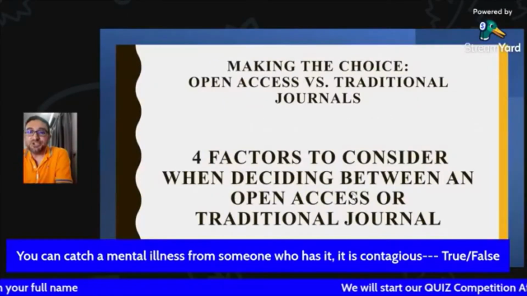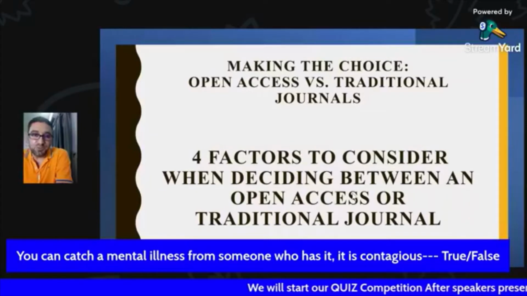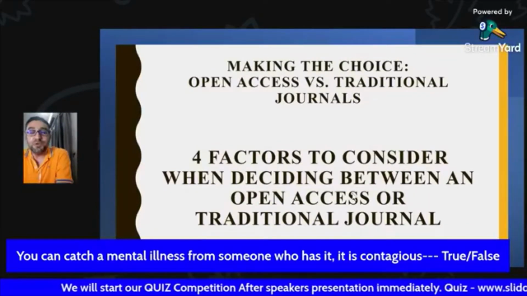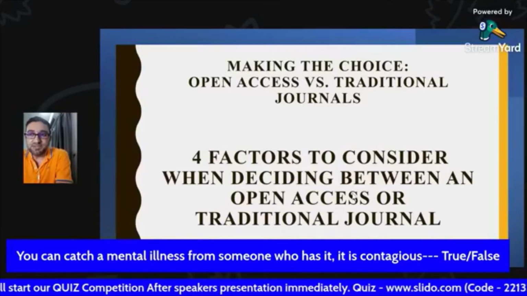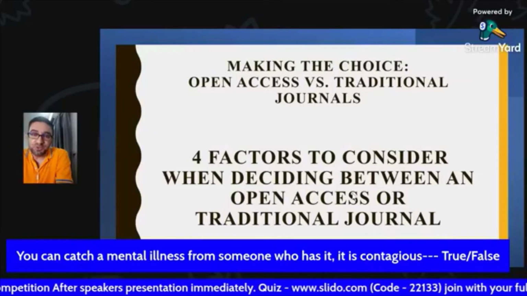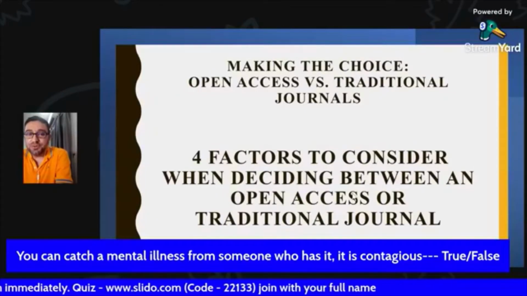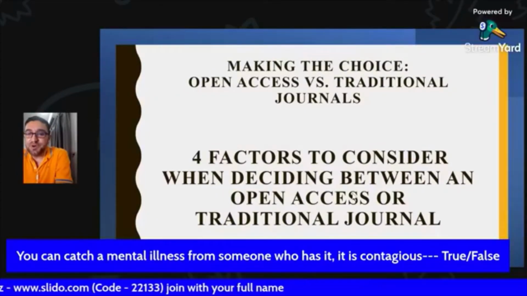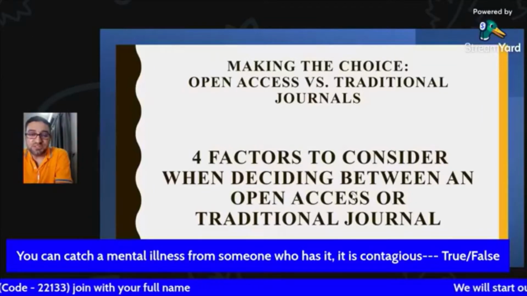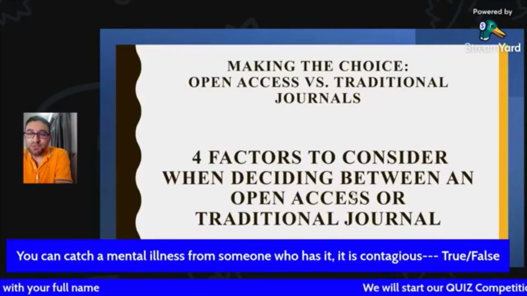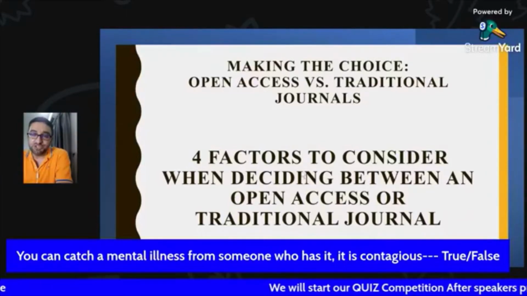Making the choice. So here, what you need to do is start making your choice, whether you need to publish with open access or traditional journals, what we call closed access journals. You have to keep in mind these 4 factors to consider when you're deciding between open access or traditional journals.